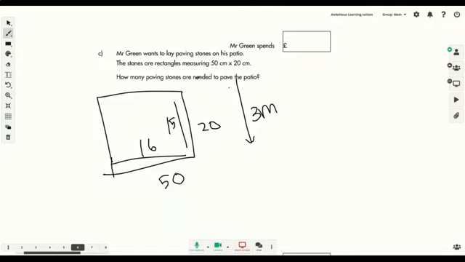So what are they asking you? How many paving stones will be there? So this is all that's given to us. So I would do it 300.